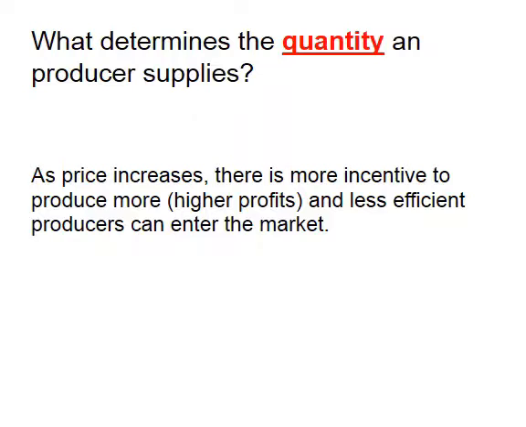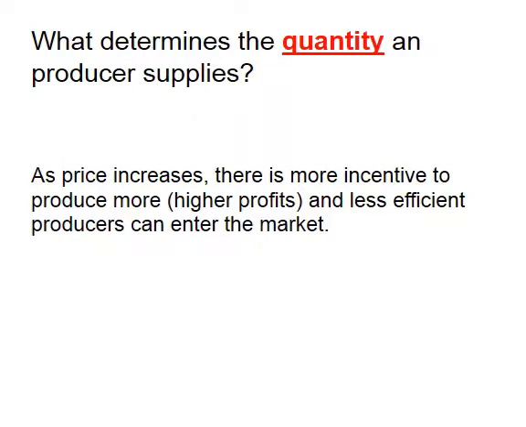What determines the quantity a producer supplies? As price increases, there's more incentive to produce more because of the higher profits. So the suppliers will work harder and longer and so on. And also less efficient producers can enter the market. There's also another reason why as price increases, quantity supplied goes hand in hand.